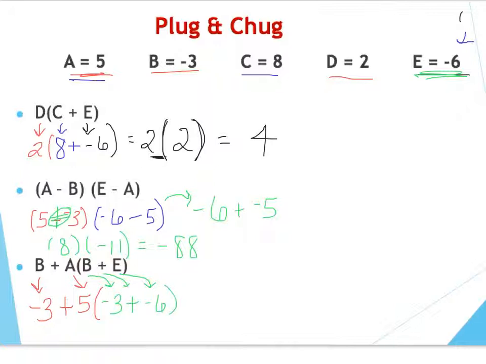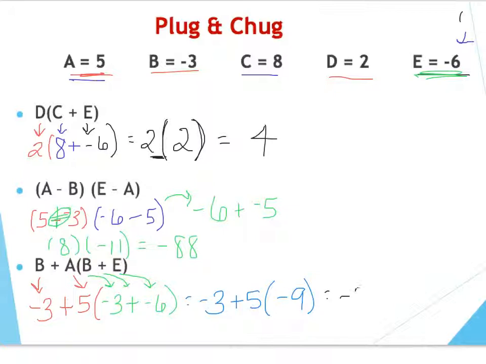Now using order of operations, I'm going to go ahead and rewrite everything I'm not using. So I'm going to have -3 plus 5, and then I can solve what's in parentheses. -3 plus -6, same sign, add and keep. So it's going to be -9. Next step is to do my multiplication.